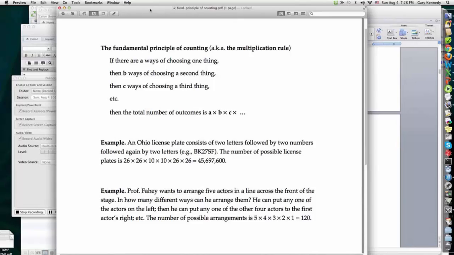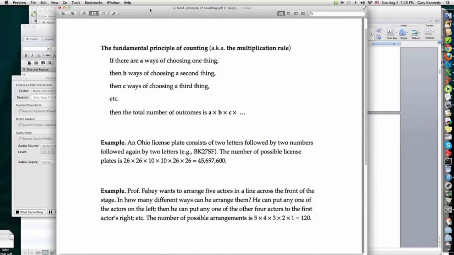Well, what does the fundamental principle of counting say? It says if there are A ways of choosing a first thing, and then B ways of choosing a second thing, and then C ways of choosing a third thing, and so on, then the total number of outcomes is A times B times C times, and so on.